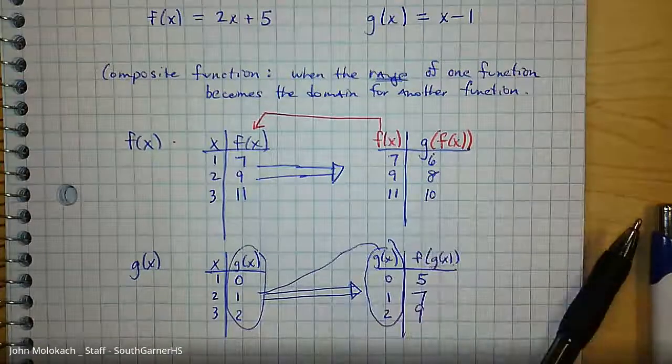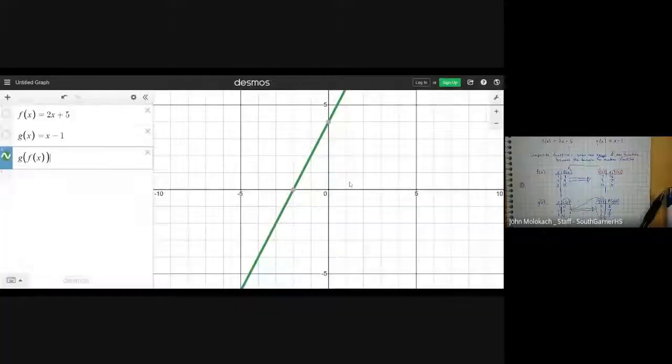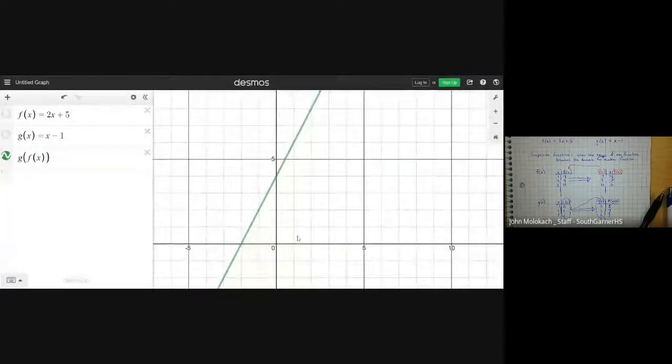Now, let me go back to the Desmos calculator, and I want you to see what happens there. If I slide this graph around and find out what happens at x equals 1, sure enough, I get 6.